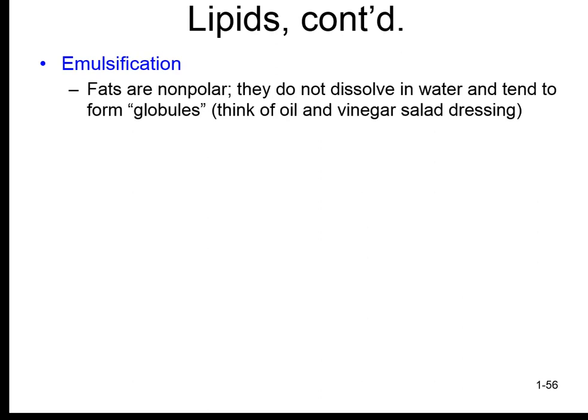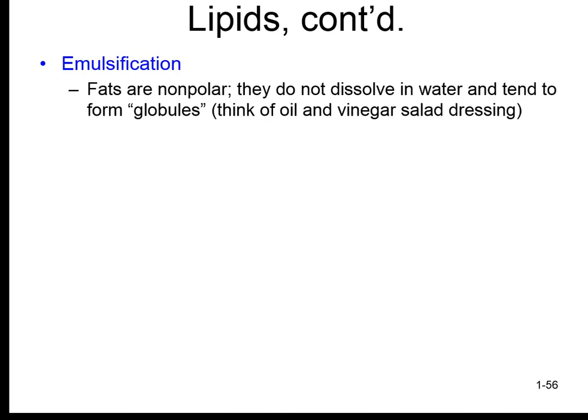So what do fats do? Fats undergo emulsification when you put them in water. Because they are not polar, they will not dissolve in water, so they will form globules.